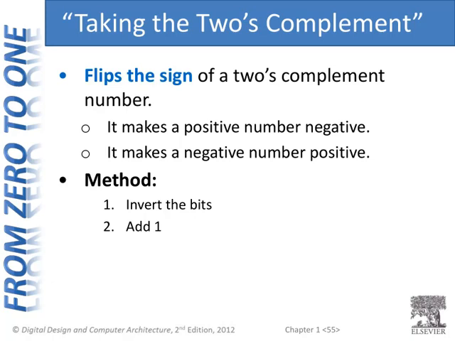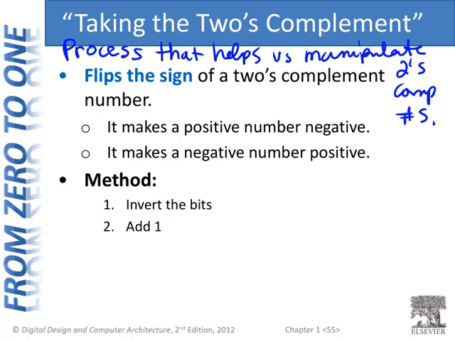The 2's complement representation is what we just talked about, and it can represent both positive and negative numbers. Taking the 2's complement is a process that helps us manipulate 2's complement numbers. Taking a 2's complement flips the sign of a 2's complement number.